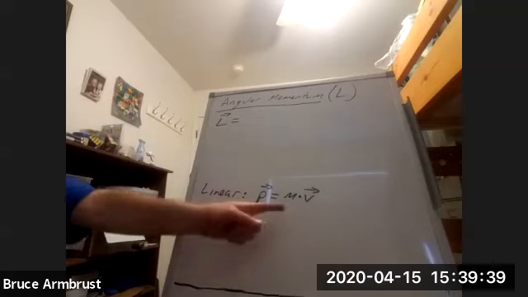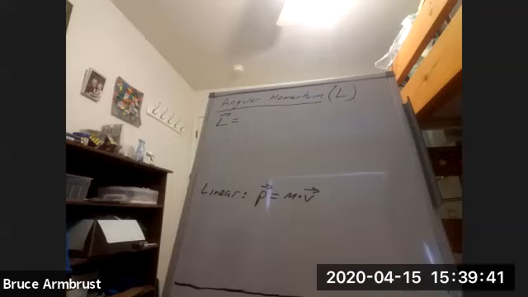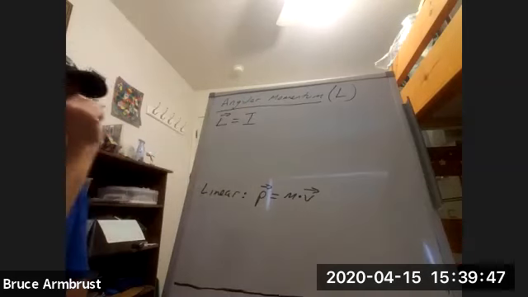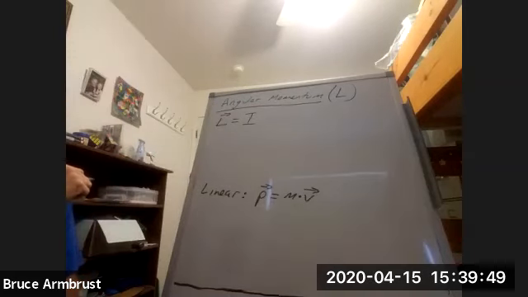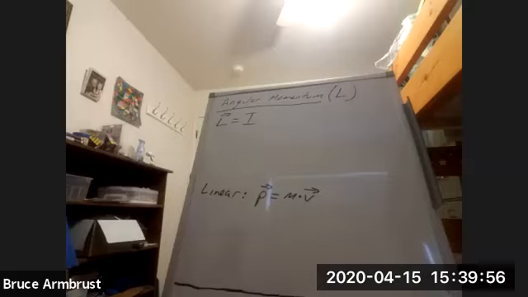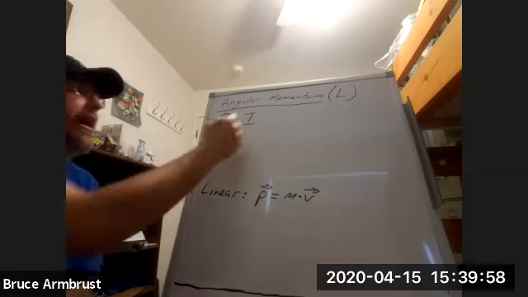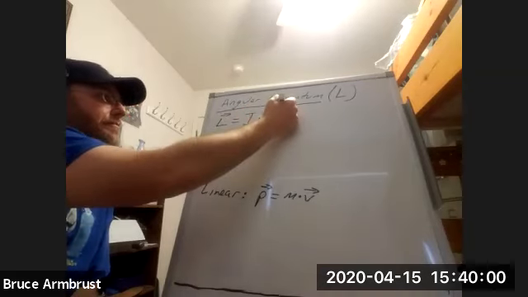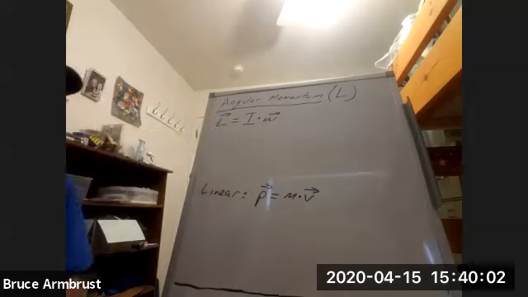Okay, so then instead of mass, what are we going to use? I. Good, we're going to put in our I. So we need our moment of inertia. And then instead of V, that'll be our omega. So instead of linear velocity, we're going to go with angular velocity.